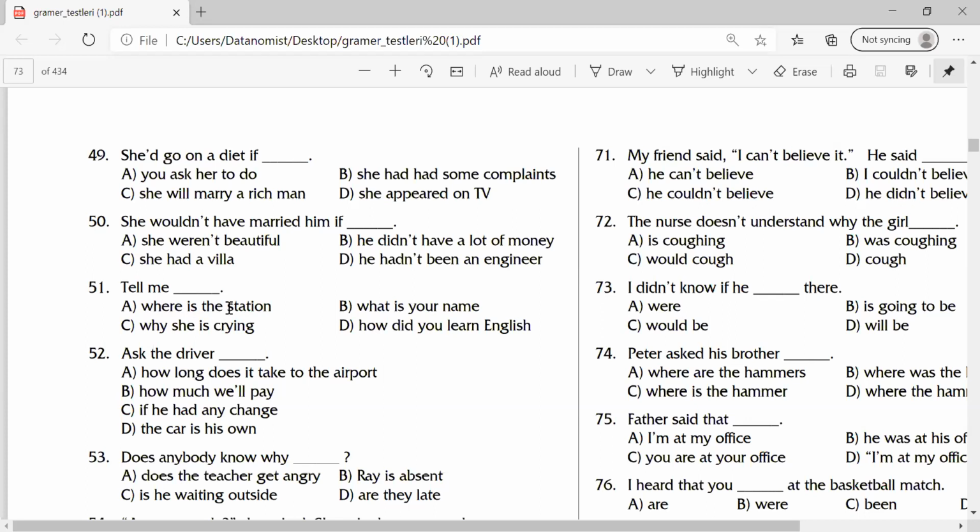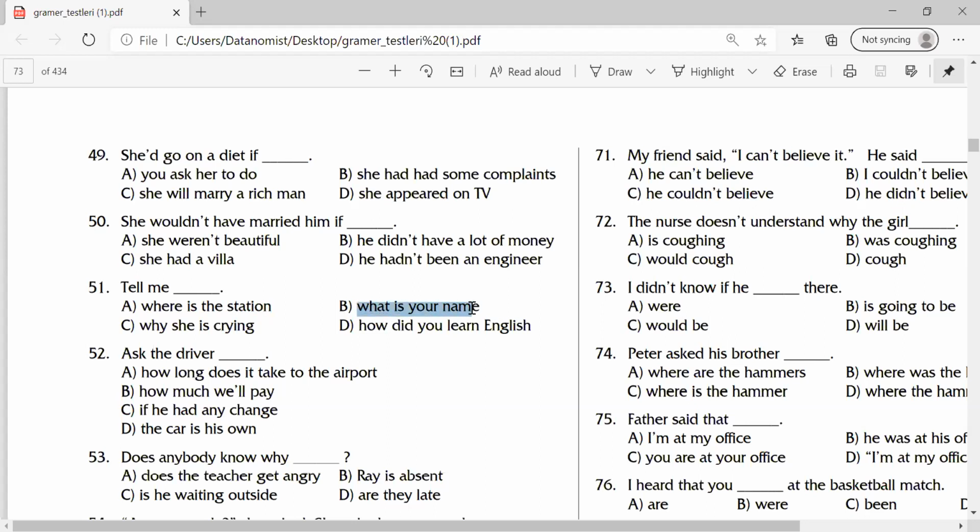Okay, you can actually put it here, but there is some grammatical error. After this conjunction, I have a verb. No, I cannot accept this. It can be: tell me where the station is. Where the station is, then it's okay. So this is gone. Tell me what is your name? Again, tell me.